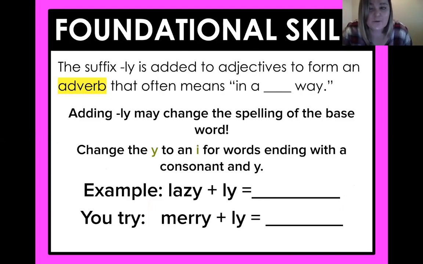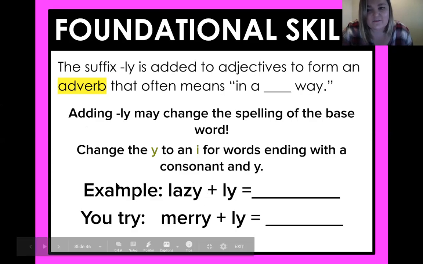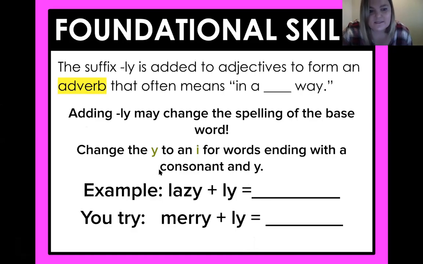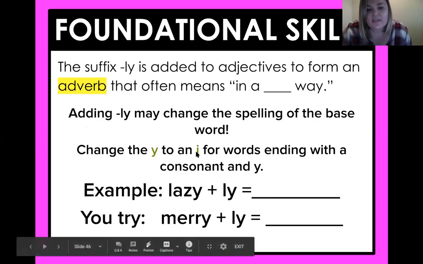So it's how you're doing something, what kind of way you're doing something. So let's look at an example. Down here, you're being lazy, so let's see how we would change that, because you can't say lazyly. That doesn't make sense. So we're going to change that Y. We're going to take the Y off, and we're going to add an I. So you were lazily doing something.